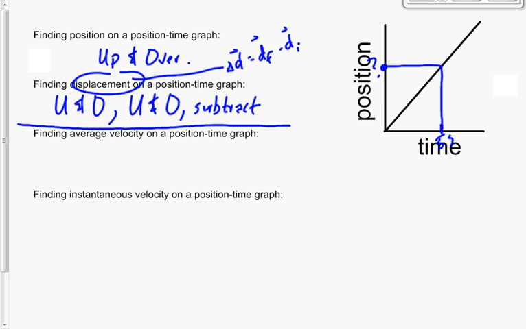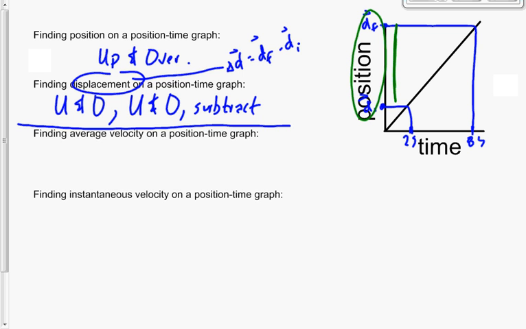For instance, if I wanted to find the displacement between 2 seconds and 8 seconds, then I would go up and over. That's my initial position, di. I would go up and over again. That's my final position, df. And then I would subtract those two numbers to get my displacement, the change in position, how far it's traveled.